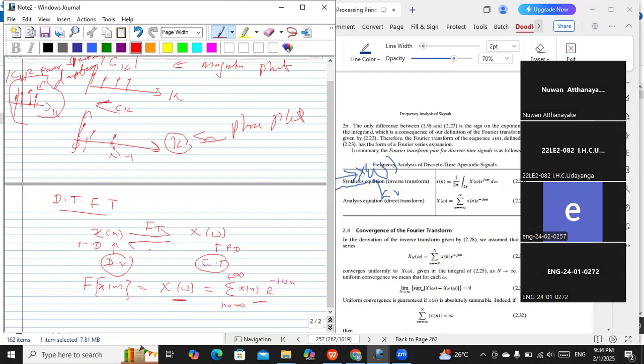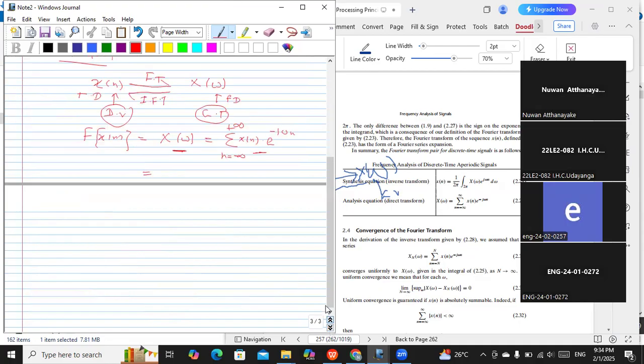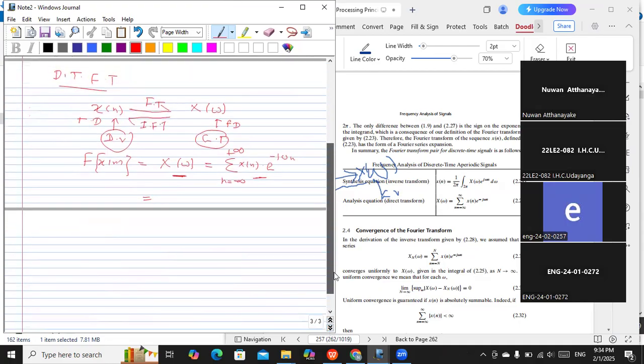But if you want to convert this X(omega), this frequency domain signal, into a time domain signal, that is by applying the inverse Fourier transform. If you want to apply the inverse Fourier transform of X(omega), you can't use the simple summation because this omega is a continuous variable. It is not a discrete variable.